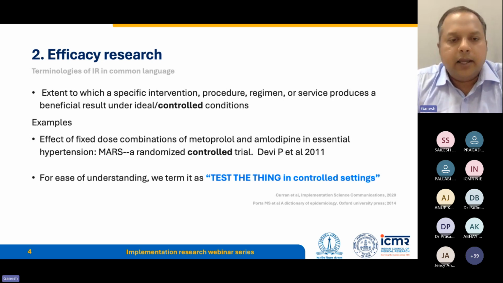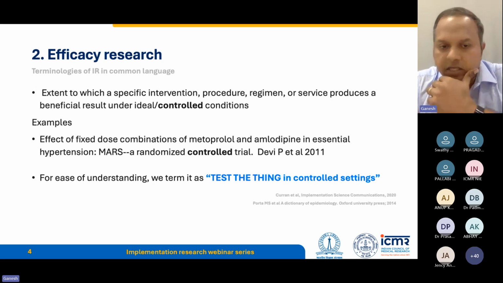A clear example here is the effect of a fixed dose combination of metoprolol and amlodipine in essential hypertension, a randomized control trial. This is a published study. This is a specific, clear-cut intervention delivered for a beneficial result in an ideal or controlled condition. For ease of understanding, the thing here is provision of a fixed dose combination of metoprolol and amlodipine. That is the thing.